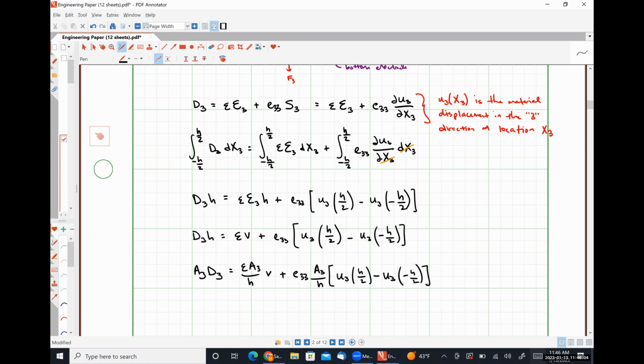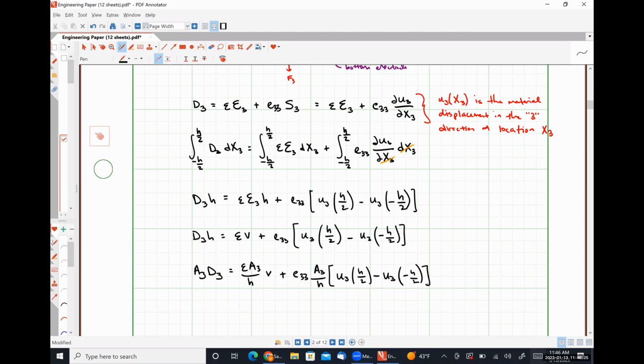All right, so let's look at a couple of things here. The thing that's hopefully obvious, we have epsilon times area divided by height.